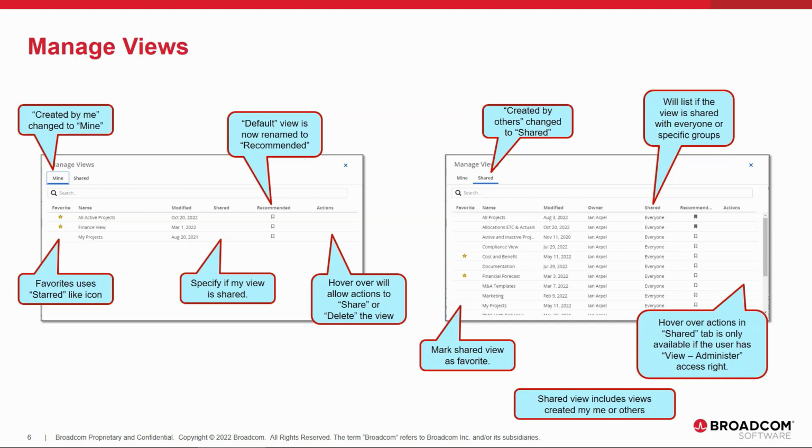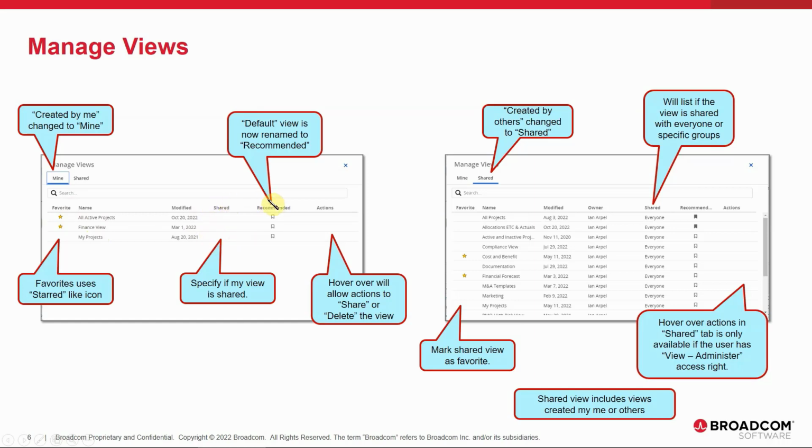So you would see the starred icon. You can click on it to mark a view favorite. The view name and the modified date are standard, and if that specific view created by this user was shared with anybody, then it'll be listed right here under the shared column.